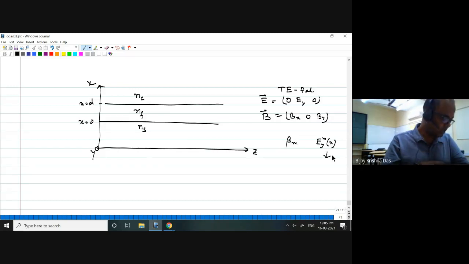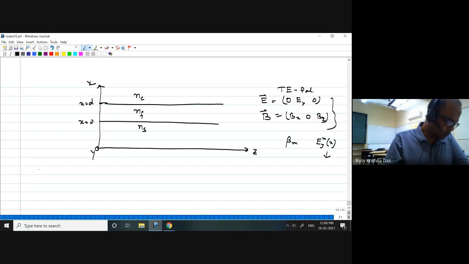Now the next question is that it can be a multi-mode waveguide, with a fundamental mode and first order mode. Depending on your dimension, the number of guided modes will vary. Now a quick question: for any mode for TE polarization, you will have these three components, Ey, Bx, Bz.